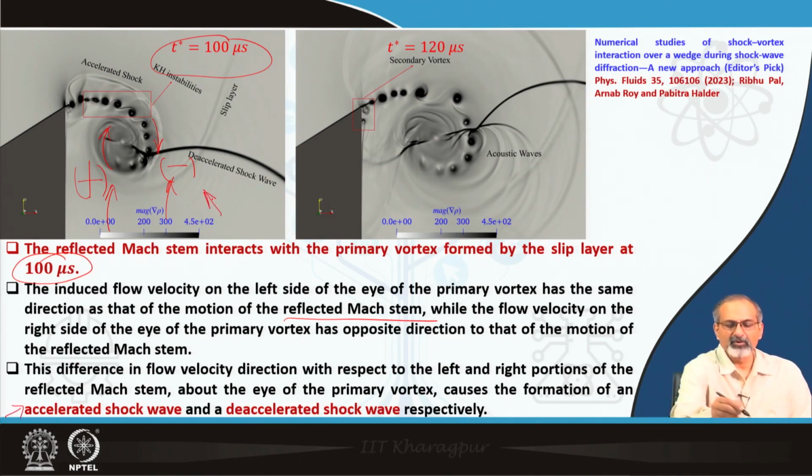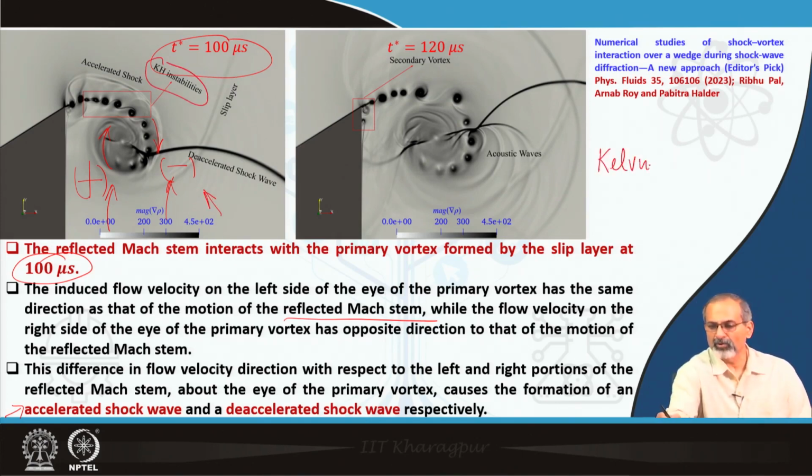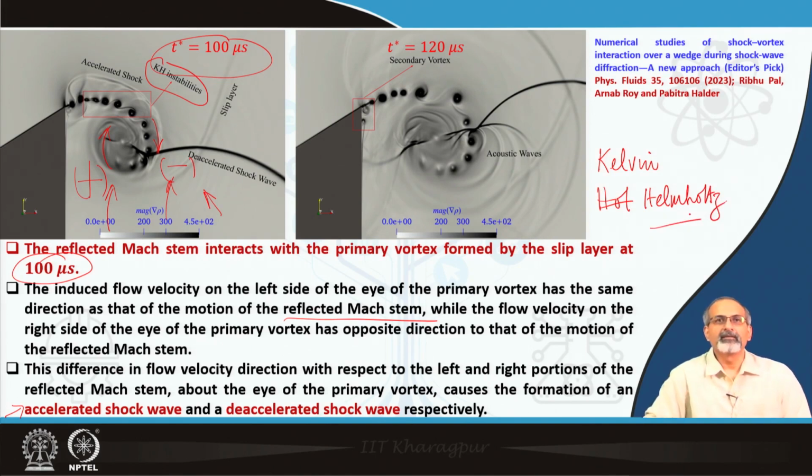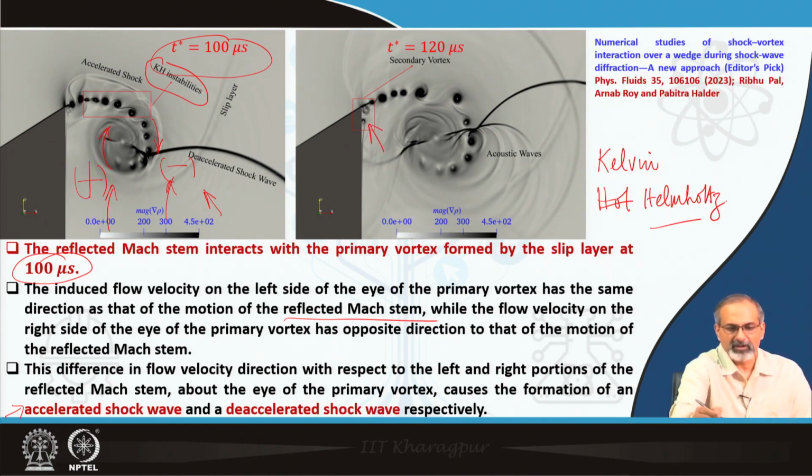You see further that KH instabilities, that means Kelvin-Helmholtz instabilities, form in the shear layer, and you also can see the secondary vortices which are forming gradually on the wall, the base wall.